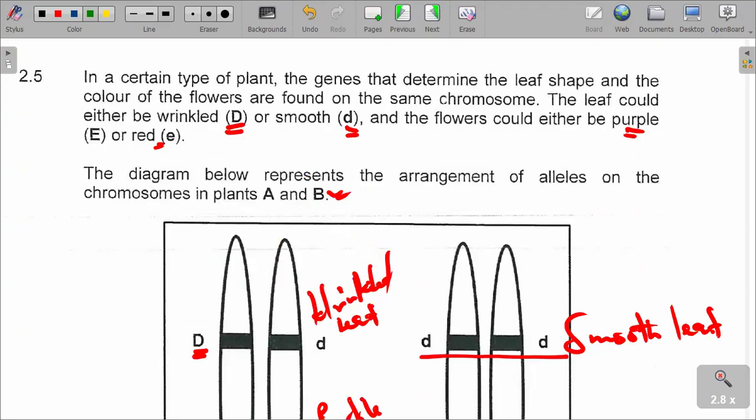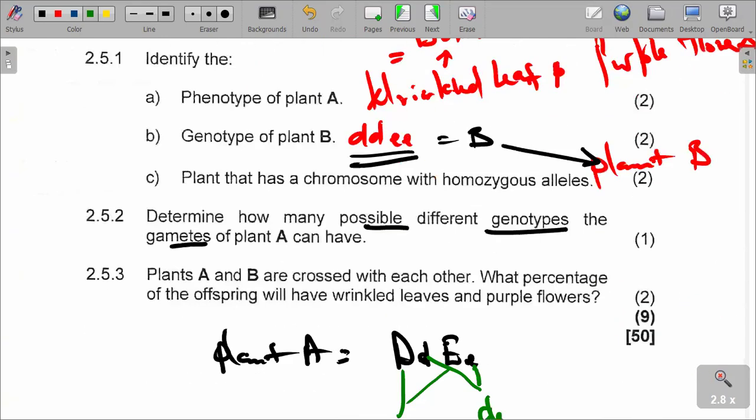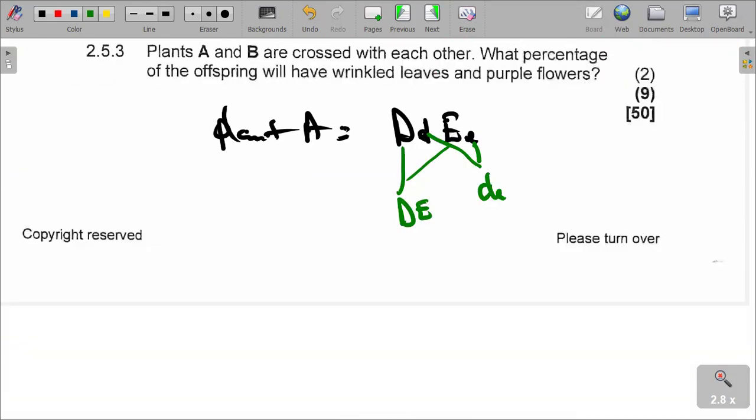So we can have that and that. We can also have, let me just quickly show it clearly again, this D and that dominant E, we have got that one.